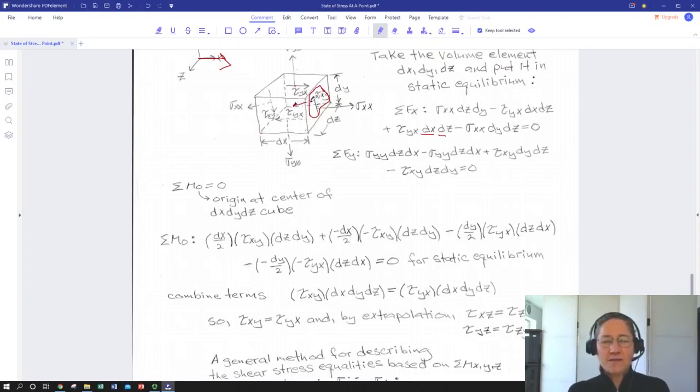To get to the x face, I've gone dx over 2 distance in the positive x direction. So that's this term.